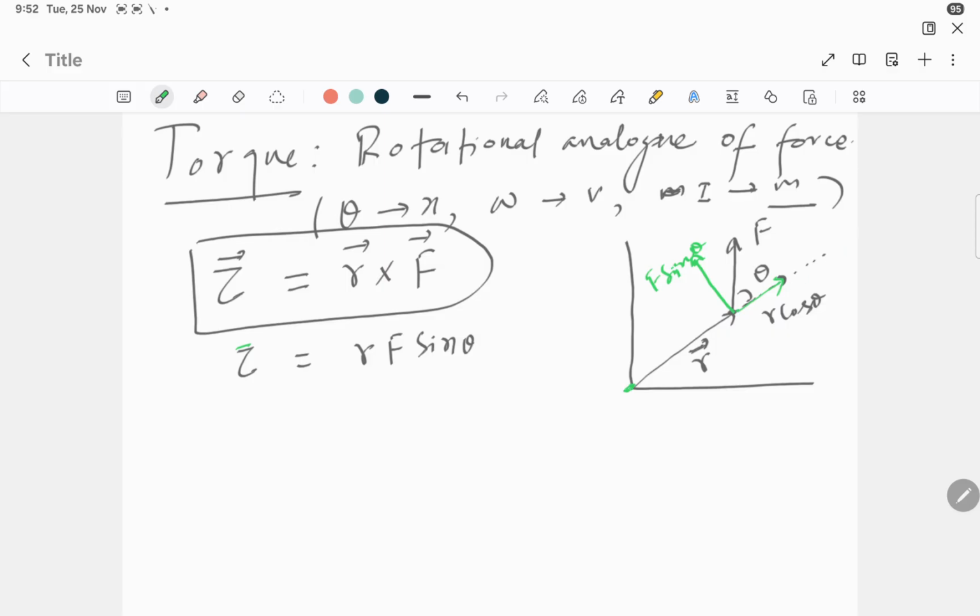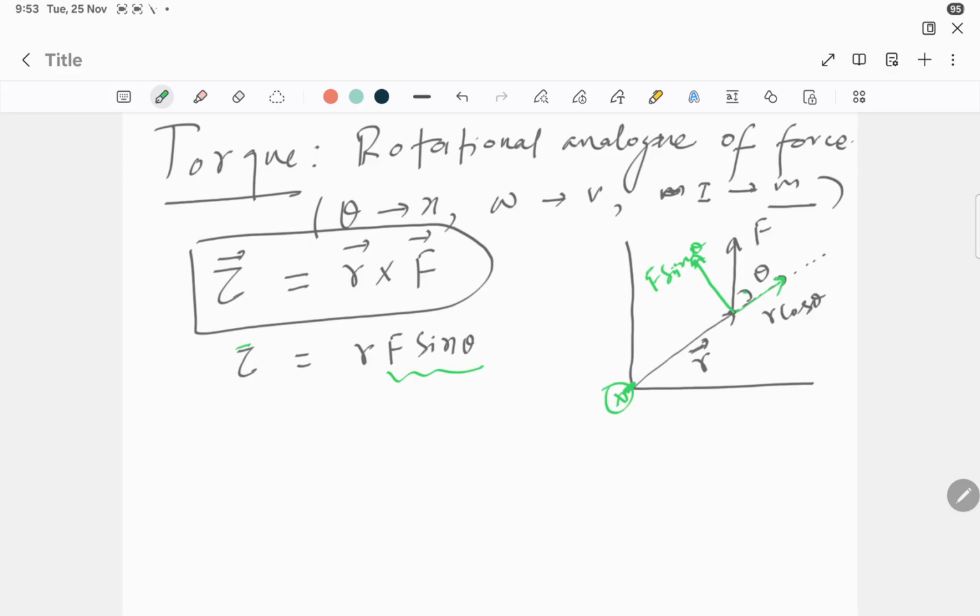Suppose this is the point of axis of rotation. This component has no role in rotating. But the component F sine theta is the only component which has some effect of rotation. So that's why we take only F sine theta.